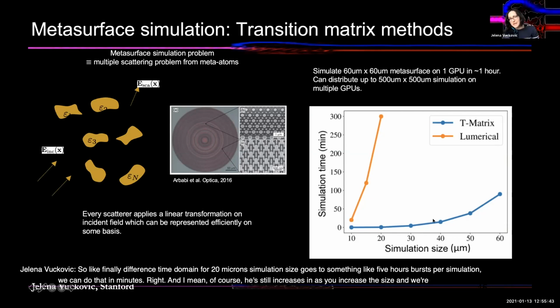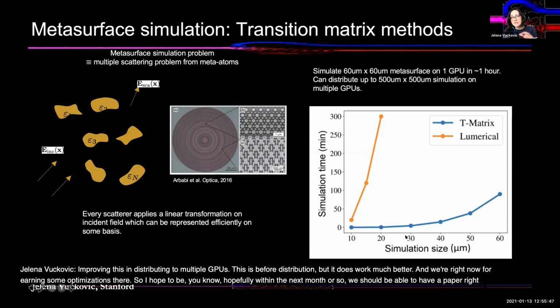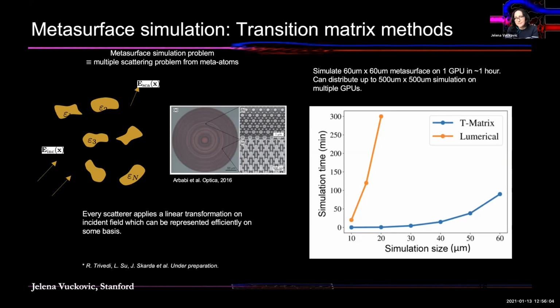Of course, it still increases as you increase the size, and we're improving this by distributing to multiple GPUs. This is before distribution, but it already works much better. We're running some optimizations there right now, and hopefully in the next month or so we should have a paper ready. Okay, we can wait to read it.